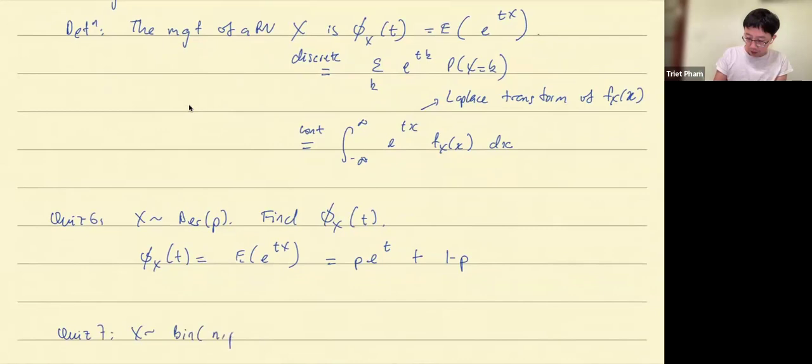If we have a binomial (n, p), find the moment generating function.